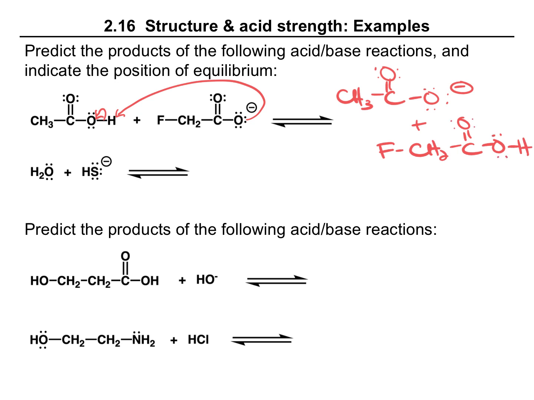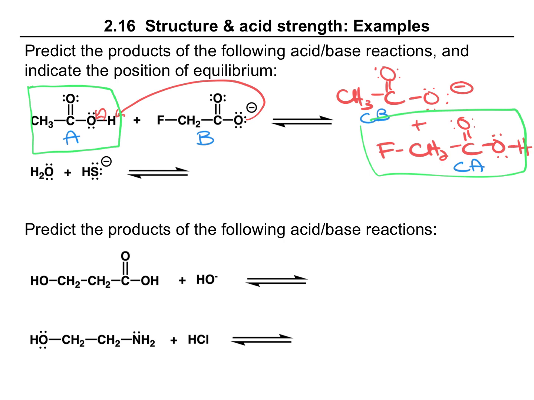Before thinking about the position of equilibrium, let's make sure we can classify our different components. This was the acid, and this was the base. This is the conjugate base, and this is the conjugate acid. So if we want to compare the position of equilibrium, we need to think about this acid compared to this acid. If we don't have a table of pKa values, we have to rely on structural differences. Now they are both carboxylic acids where we have the C double bond O, OH.